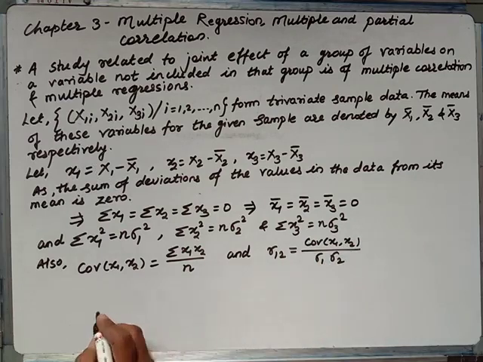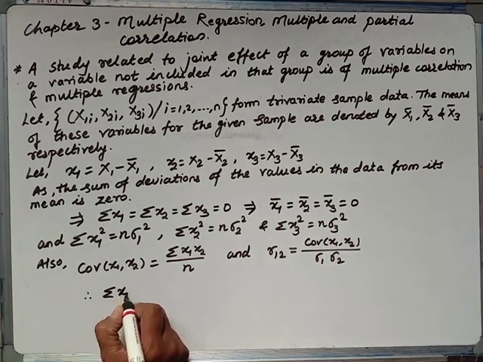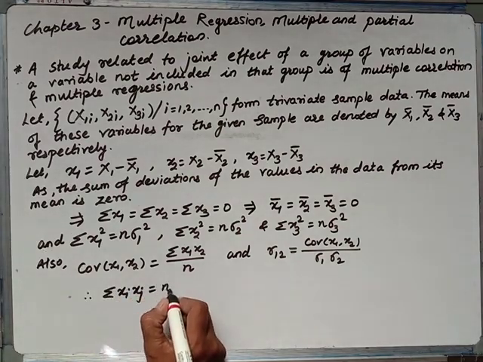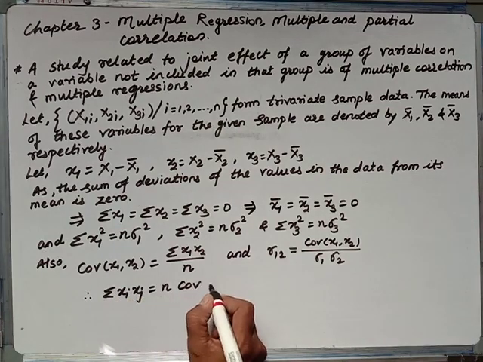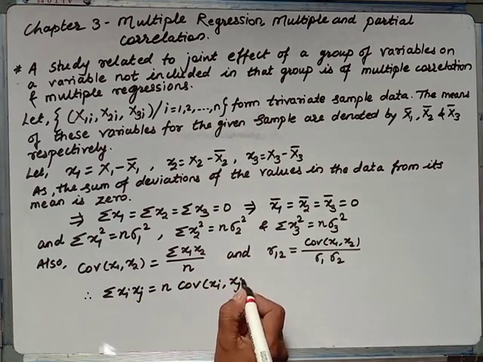You know that part. Therefore, summation xi xj will be n into covariance between xi xj.